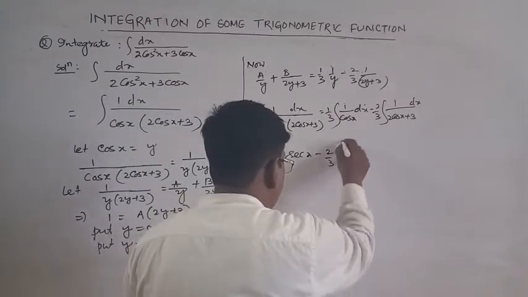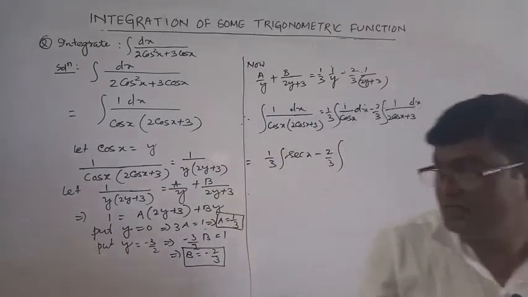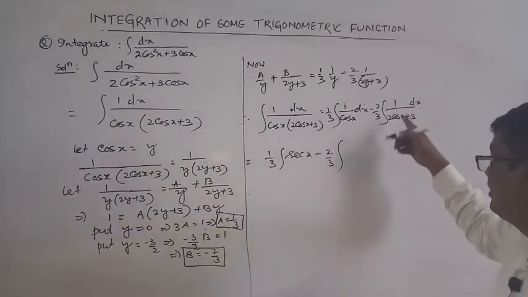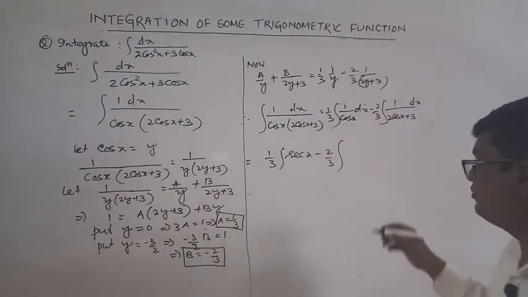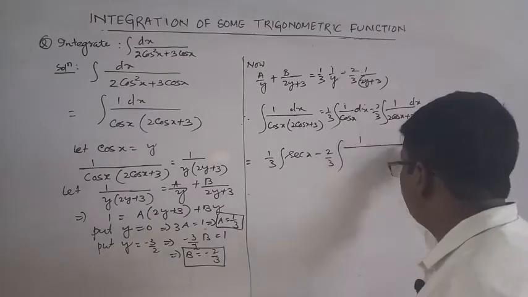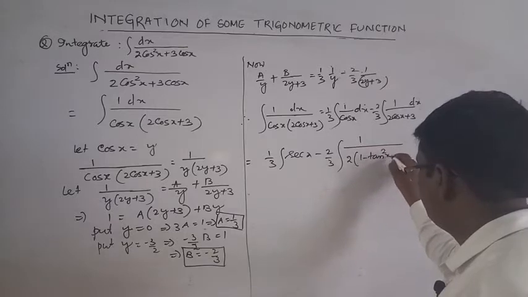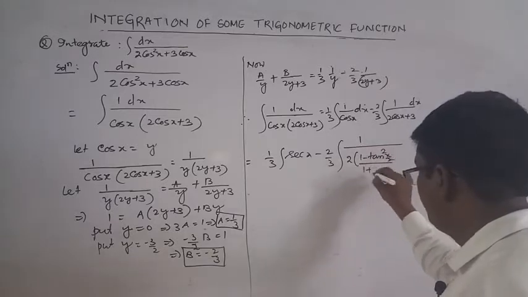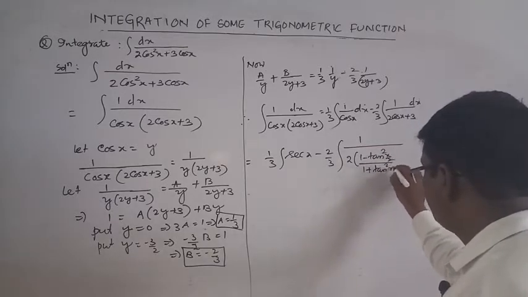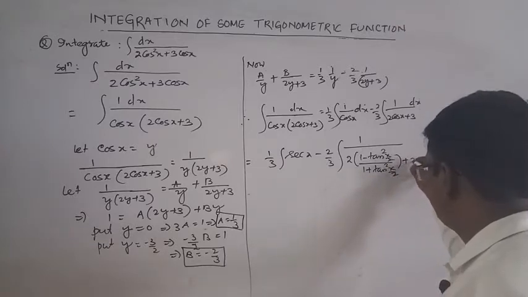This is the form of, what is this form? 1 by 2a cos x plus b form. So use cos x is equal to 1 minus tan square x by 2 divided by 1 plus tan square x by 2. So this is 1 by 2 into (1 minus tan square x by 2) divided by (1 plus tan square x by 2) plus 3 into dx.